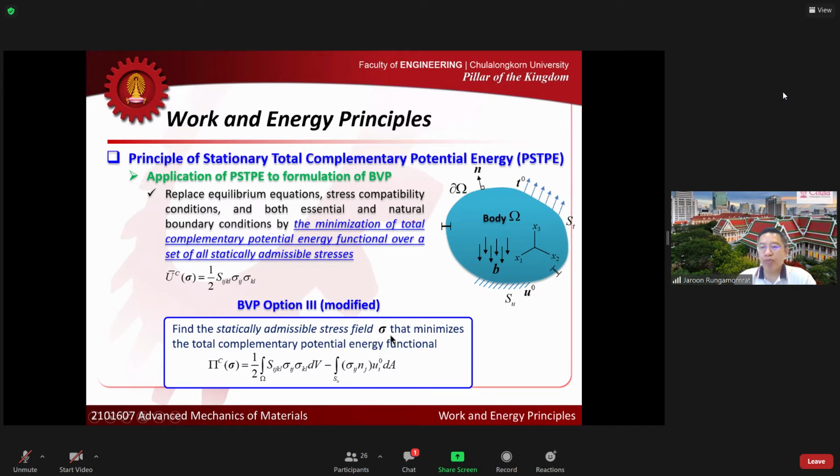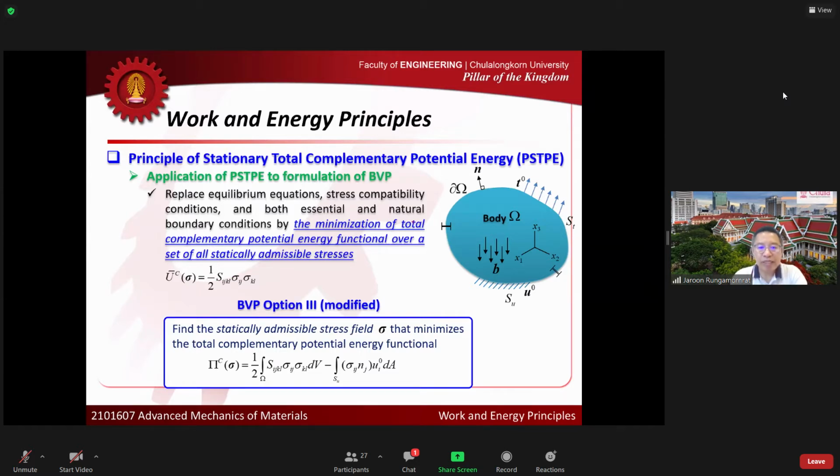Stress has to be sufficiently smooth, satisfy the equilibrium condition, and also satisfy the traction condition on the surface S_T. Then we call them statically admissible. So now we try to single out an element from that set that makes this one minimum. That's going to be the correct answer. Is that clear to you?